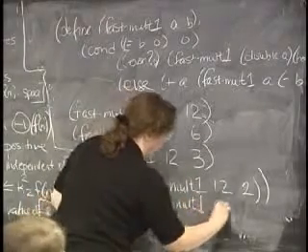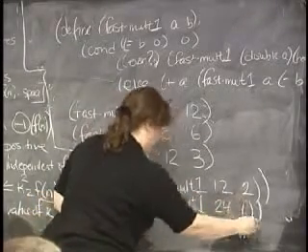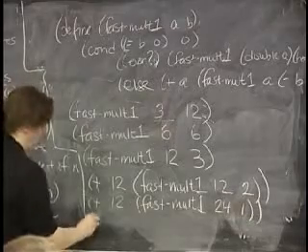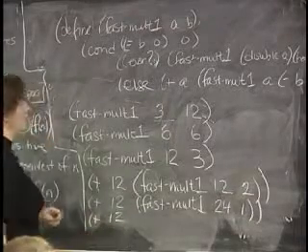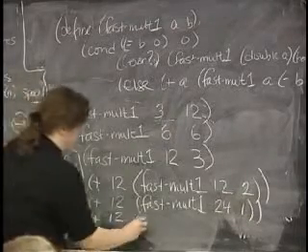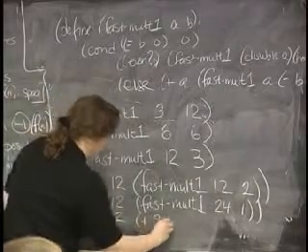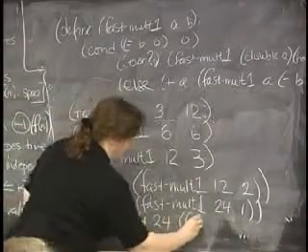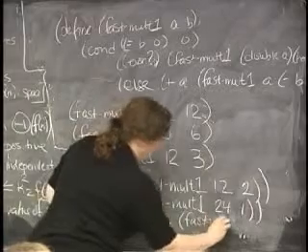Fast mult 1, 24, 1. One is not even, so we add 24 to the fast mult.